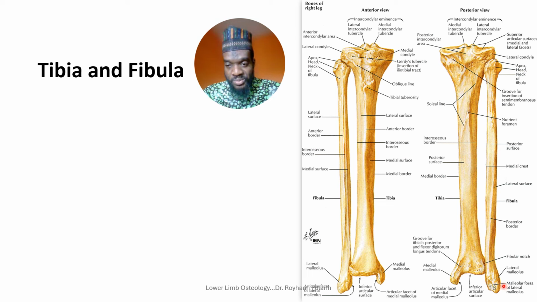Right, so here's the lateral malleolus and the articular facet of the lateral malleolus, and the articular facet of the medial malleolus, which is on the tibia here. Here is the groove for the tibialis posterior and the flexor digitorum longus tendons, their respective tendons rather.